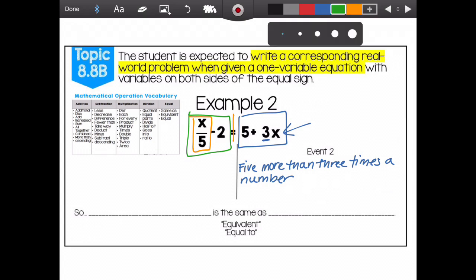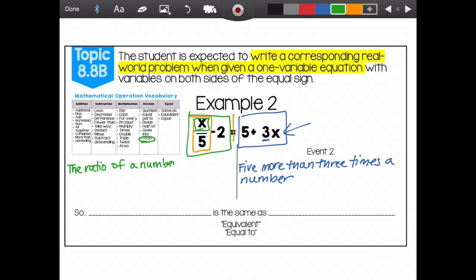So let's use ratio. I like that one. So the ratio of a number, because that's our variable and we don't know it, a number and 5, because now we're representing our denominator. And we're subtracting 2, so we're just going to say the simplest, minus 2.